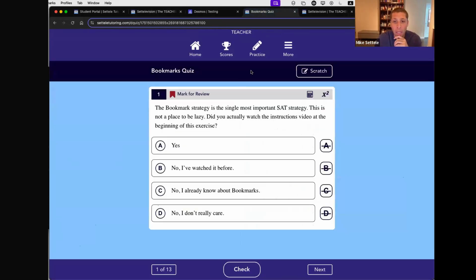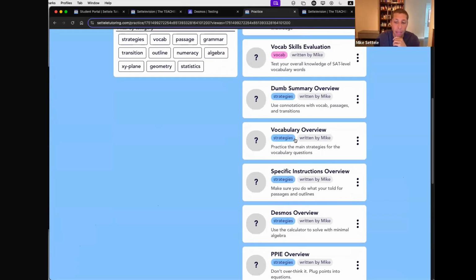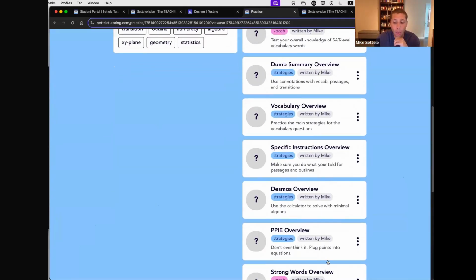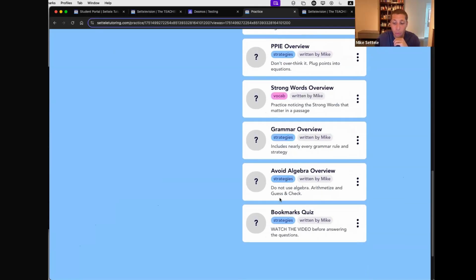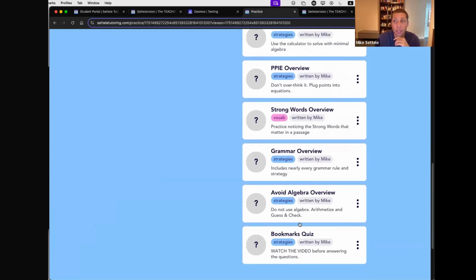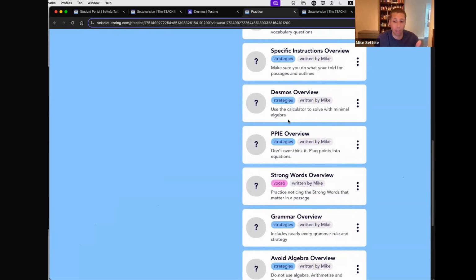But the work is going to really be done once you go and start seeing, okay, I've got a plug points into equations exercise that I can work on. I've got an avoid algebra exercise I can work on that focuses on arithmetize, right? So those two things are going to get much easier if you do the practice with them.